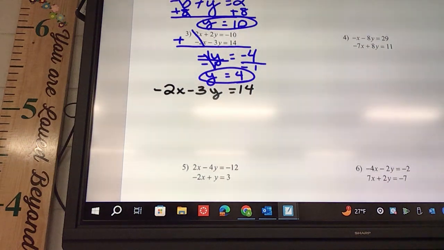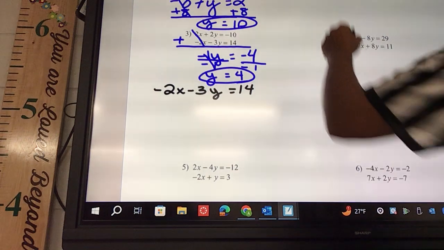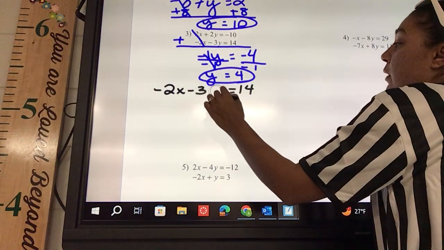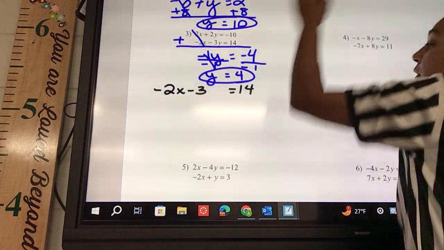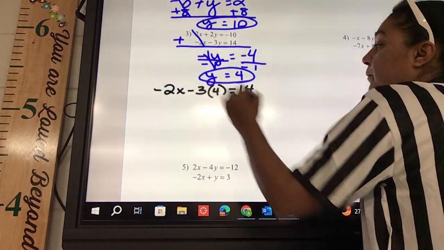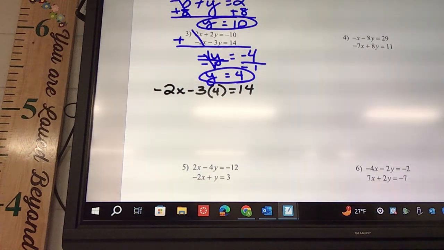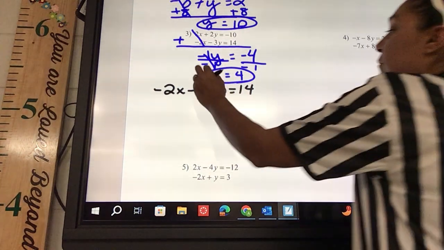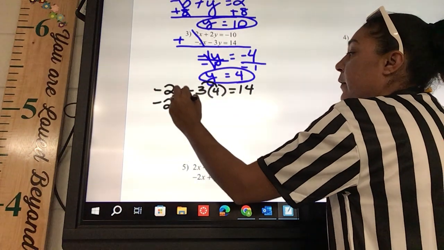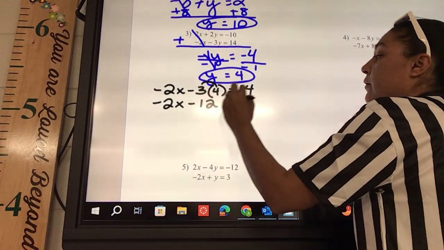So wherever the y is at, we're putting in a 4. So right here is going to go a 4, and then we're going to go ahead and multiply. Negative 3 times 4 is going to be negative 12.